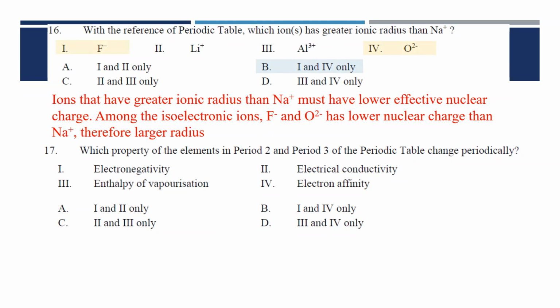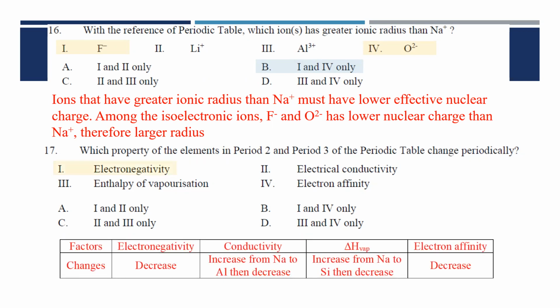Number 17, which of the following properties of the elements in period 2 and period 3 of the periodic table changes periodically? Number 1, electronegativity decreases, which is yes. Then the conductivity increases from sodium to silicon, then decreases back, so no proper trend.